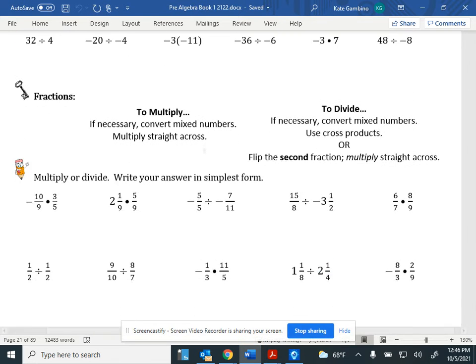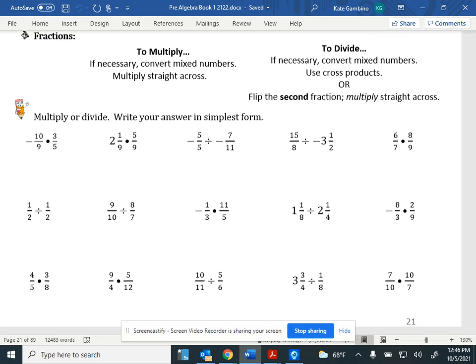Let's look down to what it says about fractions. To multiply fractions, if necessary, convert mixed numbers. So if you have a mixed number, you need to make it improper. Then you multiply straight across. To divide, if necessary, convert mixed numbers. So make them improper.